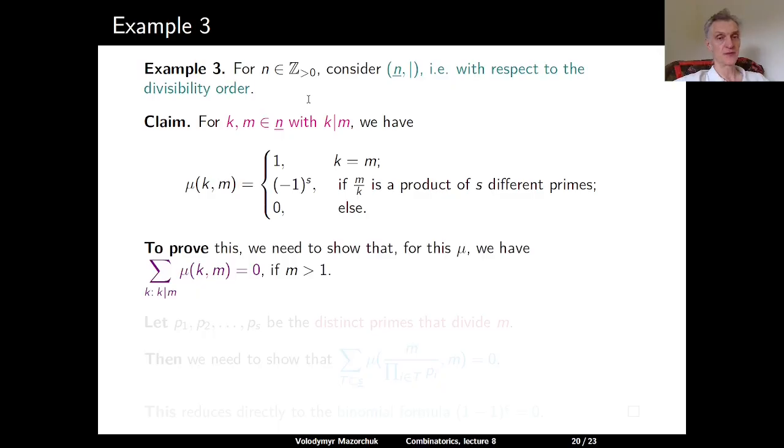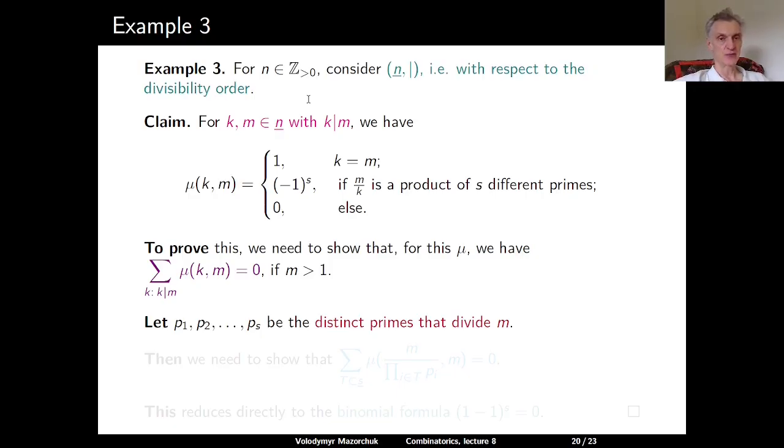To prove this formula, we need to show that this satisfies the recursion for Möbius function. So we need to show that the sum over all k which divide m of mu k, m is equal to 0 if m is greater than 1. So let p1, p2, and so on ps be the distinct primes that divide m.